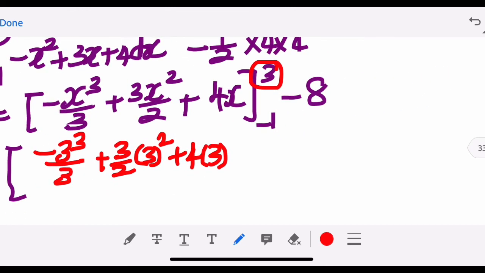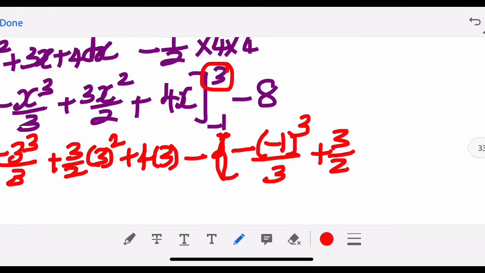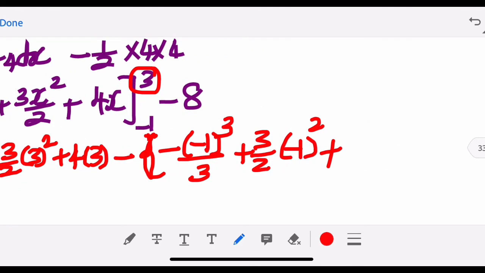You need to be extra careful, so put another bracket: (-1) cubed over 3, plus 3/2 times (-1) squared, plus 4 times (-1), then close the bracket, minus the 8.